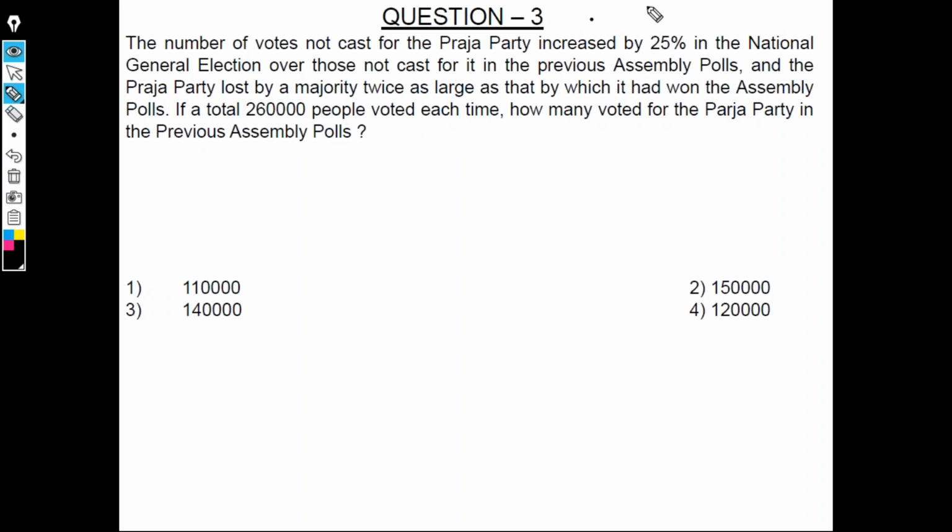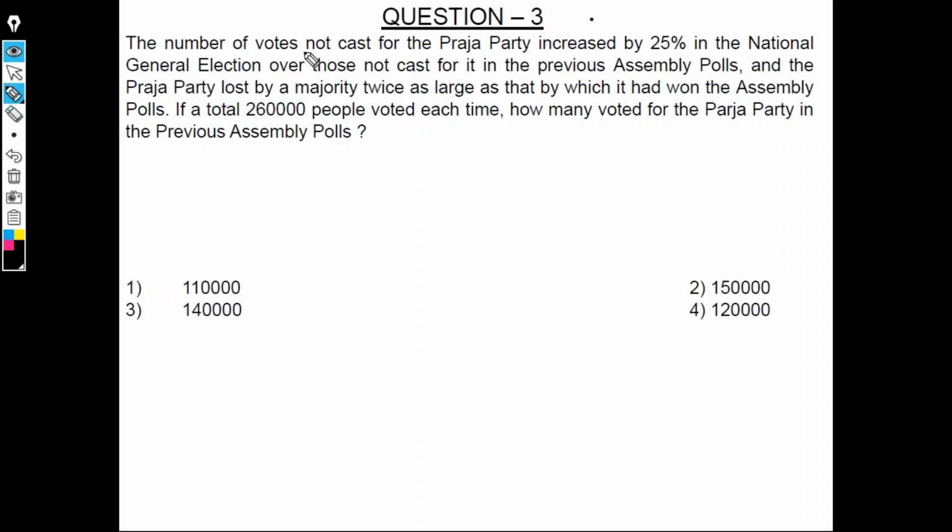Okay, now here it says the number of votes not cast for the Praja Party increased by 25% in the national general election over those not cast for it in the previous assembly polls.